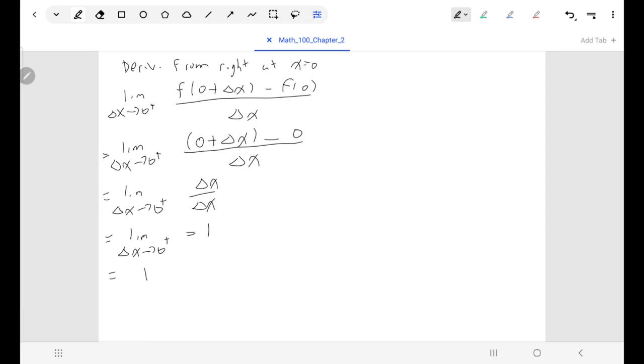So I can say, since the left and right hand limits don't agree, f prime of 0 does not exist.